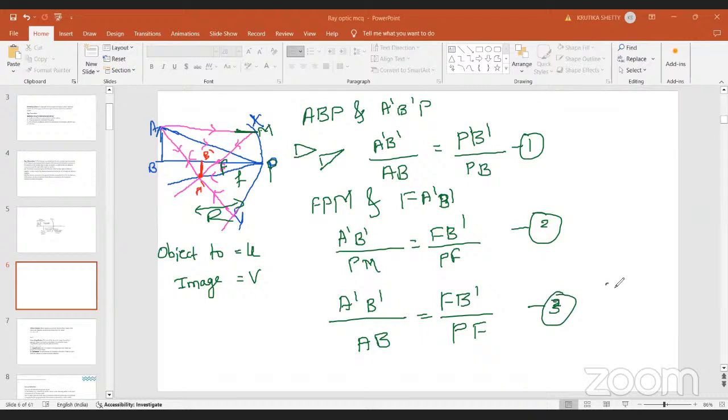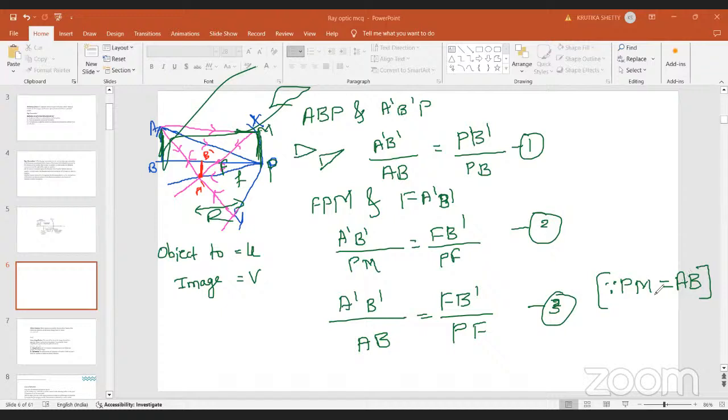Why? Because PM is equal to AB, you can see from the figure. The object height AB is what you are observing, and your PM is there. If it is a straight path, these two come almost the same. Therefore PM is nearly equal to AB. That is our equation 3.